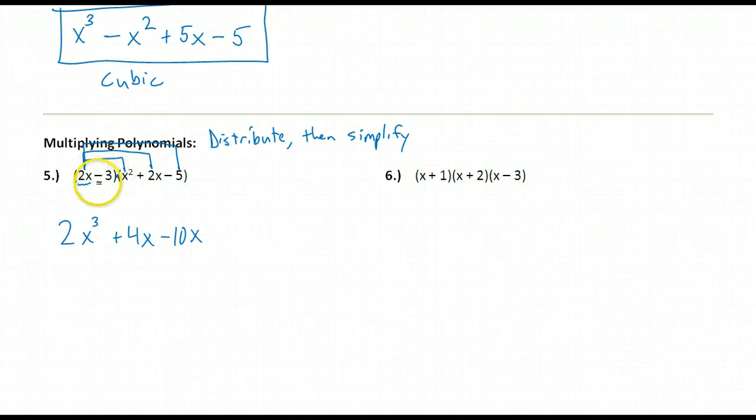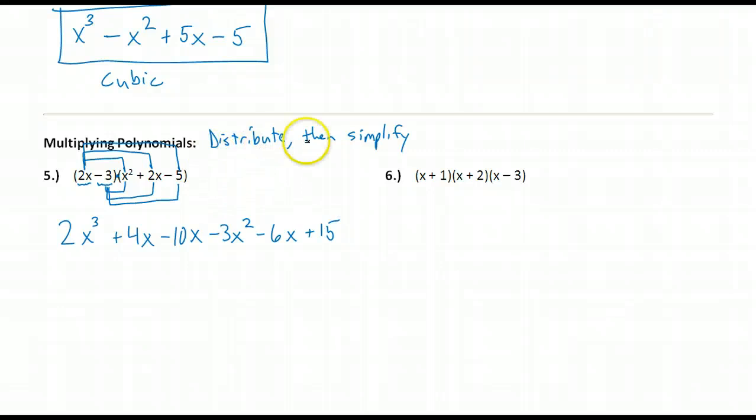Now I need to take this second term, negative 3, and multiply every term in my second polynomial. Negative 3 times x squared gives me negative 3x squared. Negative 3 times 2x gives me negative 6x. Negative 3 times negative 5 gives me positive 15.